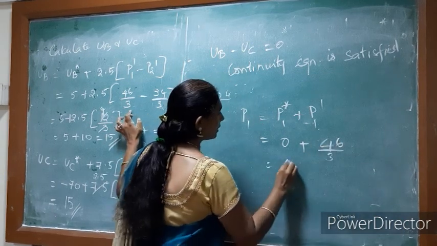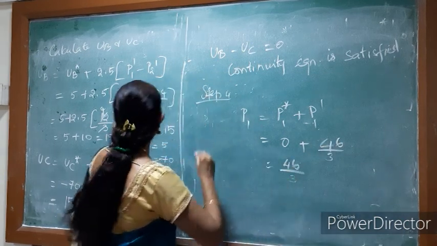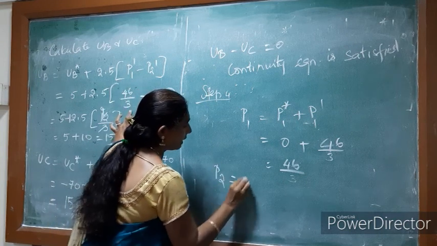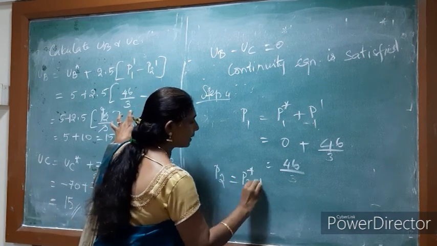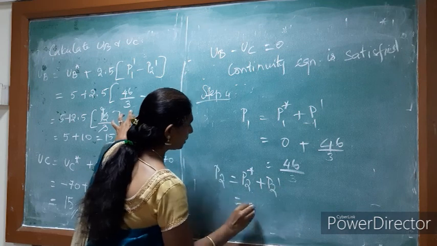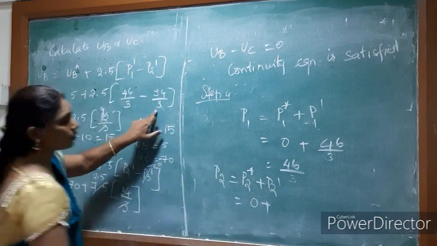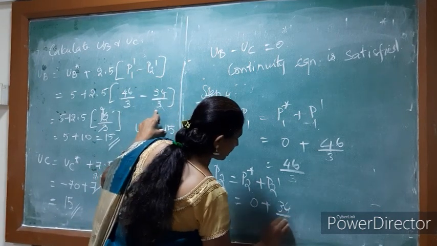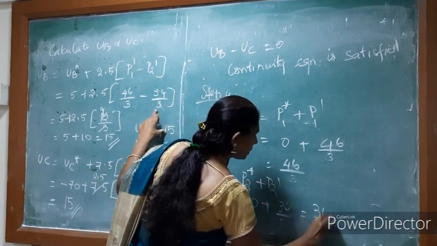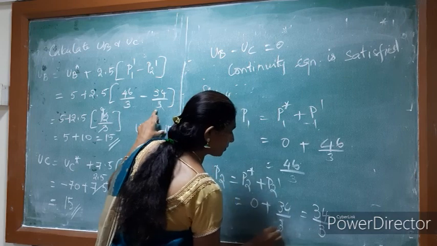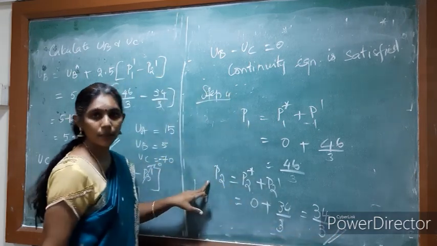So this is our new value of pressure. And likewise for P2, it is going to be the guessed value with that of the correction. So guessed value was 0 and the value that we got was 34 by 3. Right? So 34 by 3. So this is our P2 value.